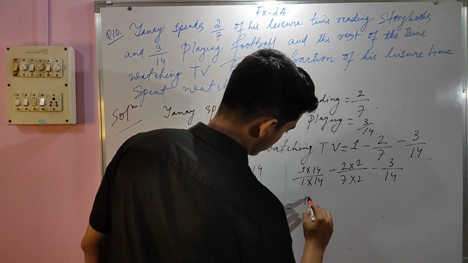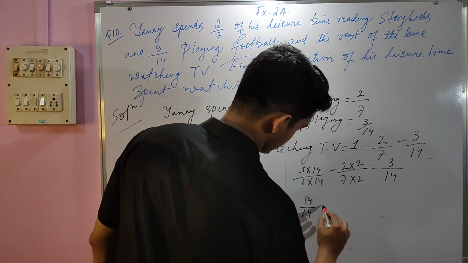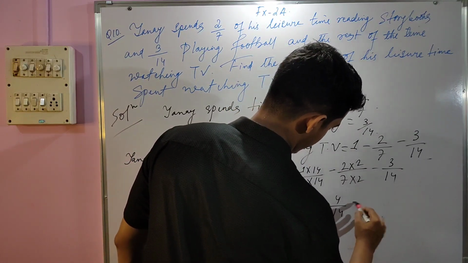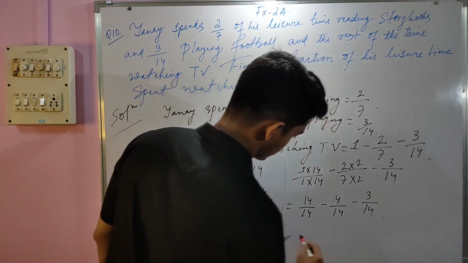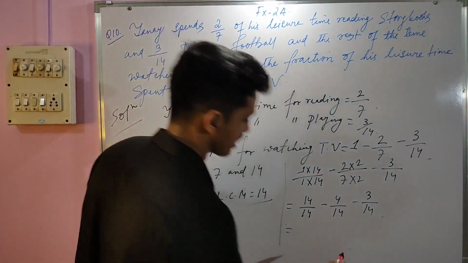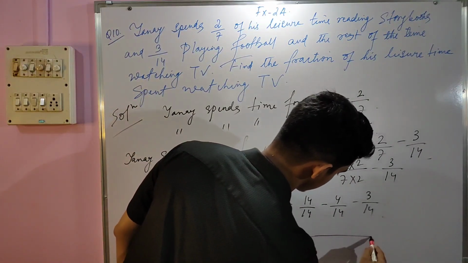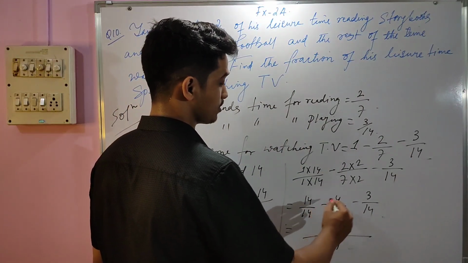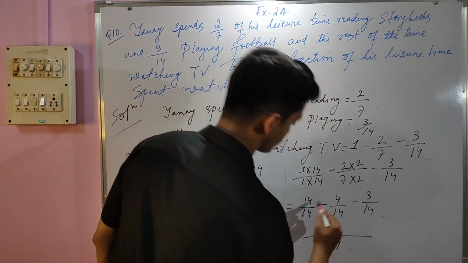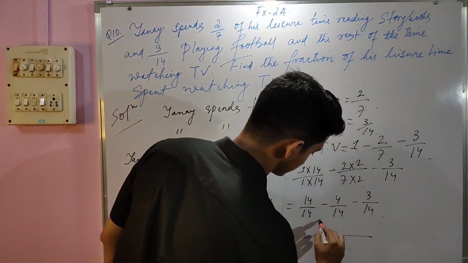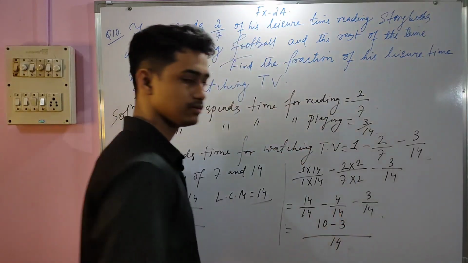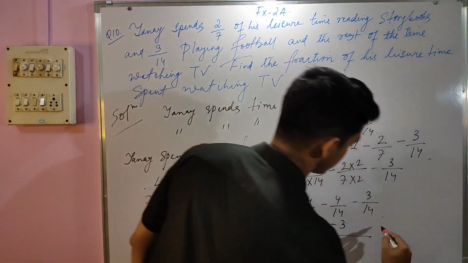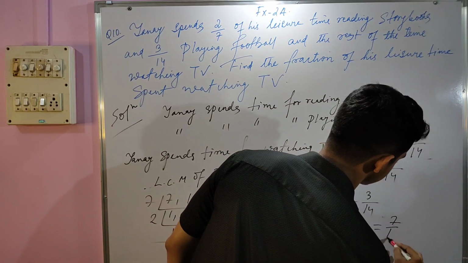So 14 by 14, 4 by 14 and 3 by 14. The denominators are absolutely the same, right? So 14 minus 4 minus 3. 14 minus 4 is 10, and 10 minus 3 is 7. So 7 by 14 is the answer.